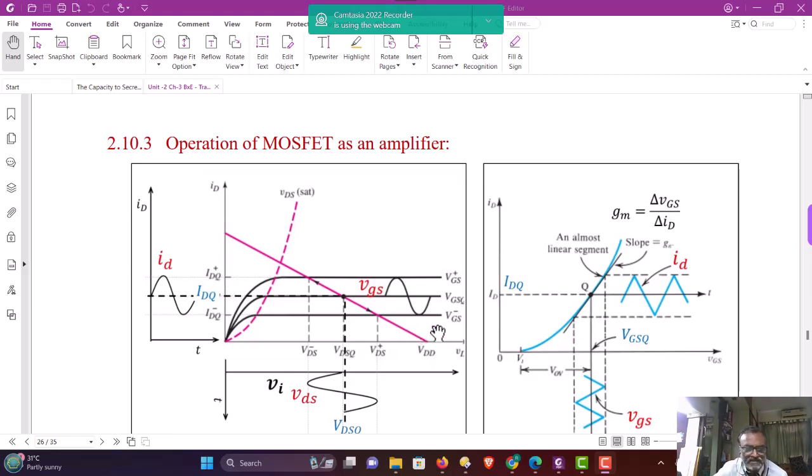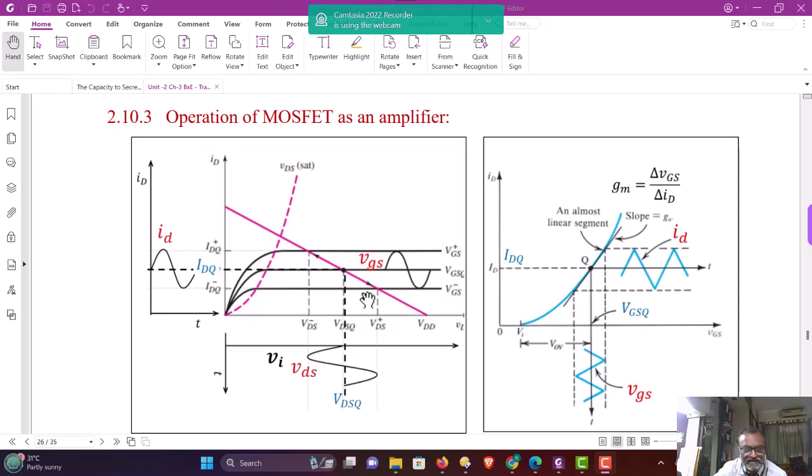Now let us suppose that our VGSQ is shown here, the central characteristic line, and the operating point is shown here. Now when the AC voltage vi is applied, the total VGS is increasing like this around VGSQ, shown here in the figure. See the arrow marker.